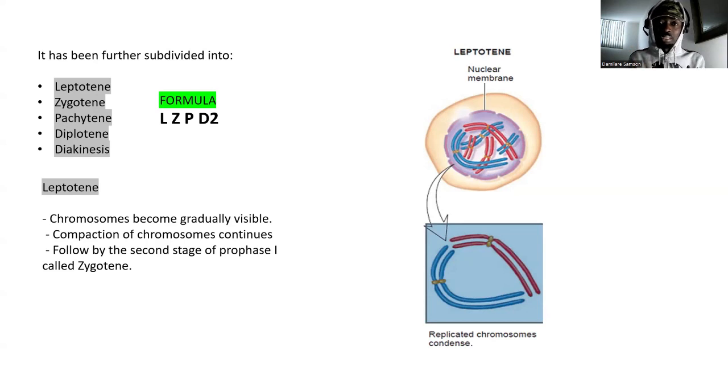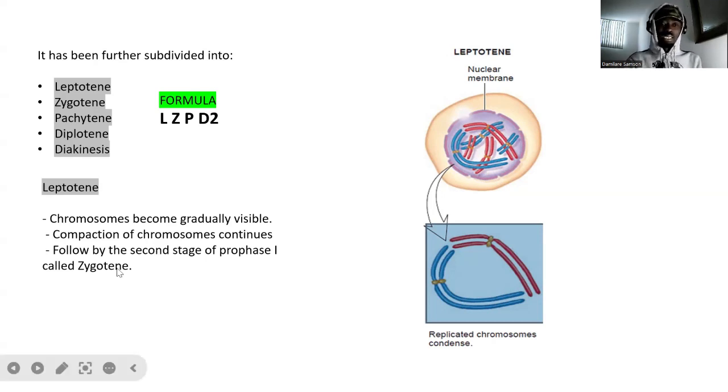Two chromatids come together, attach at the center, which is the centromere, to form the chromosome. That is the same thing happening here. If you notice this, it's becoming visible. The chromosome condenses, so you can see it clearly. It's been formed already, and after this has happened, the chromosome condenses and you can see it. It is now visible. And you will also notice that the membrane surrounding it is disappearing gradually. So that is leptotene.